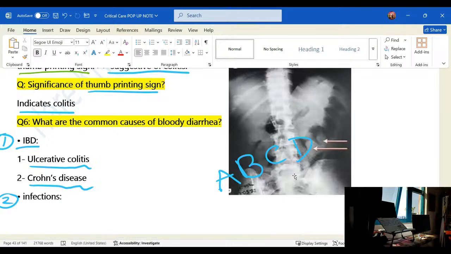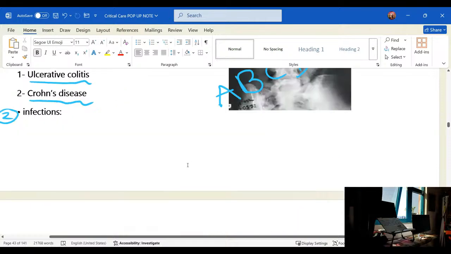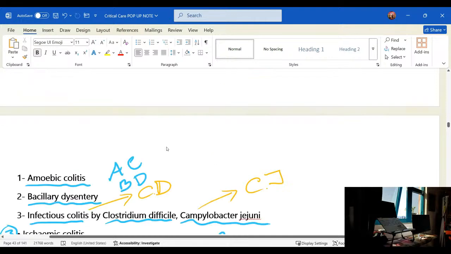Common causes of bloody diarrhea: inflammatory bowel disease like ulcerative colitis and Crohn's disease, and infections like amoebic colitis, bacillary dysentery, and infectious colitis by Campylobacter jejuni and Clostridium difficile.